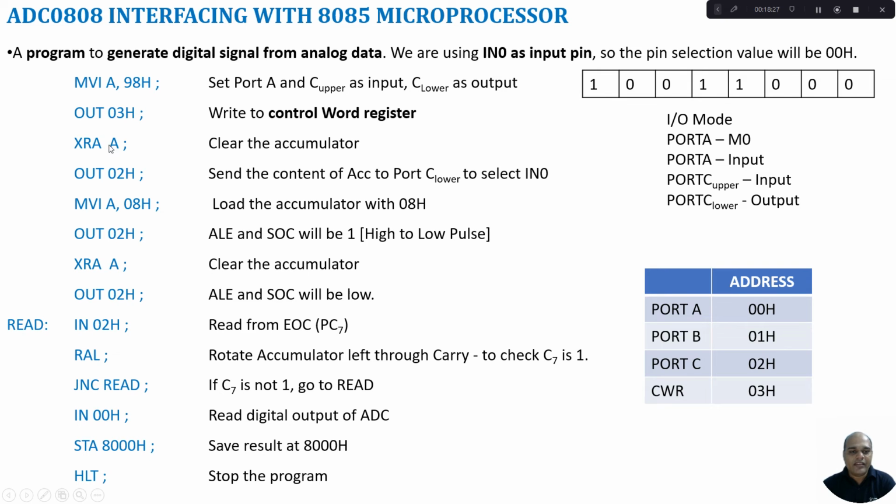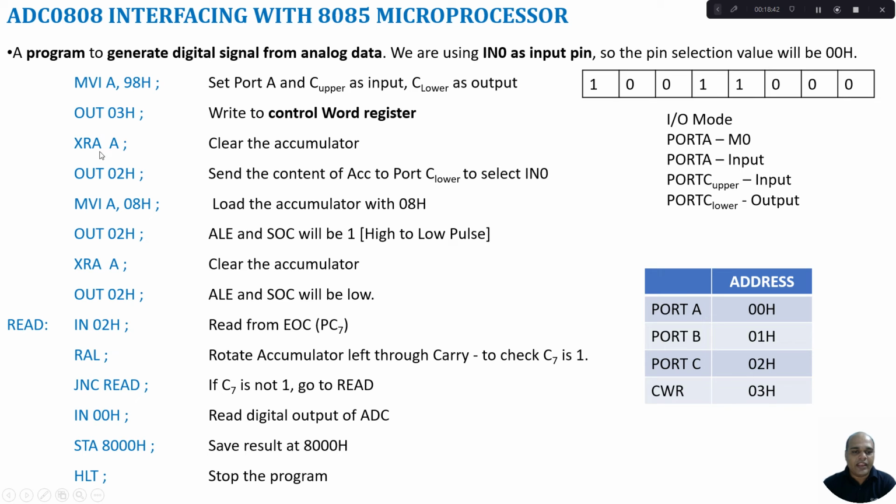Next XRA A. So we are going to do an XOR operation of A with A. If I have the same inputs, then the XOR output will be 0. So what we essentially do is clear the accumulator.